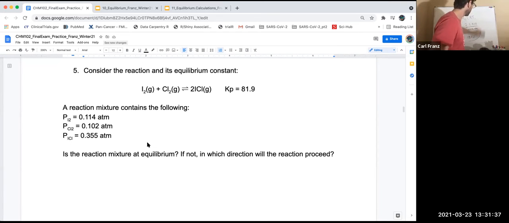So we can say that Qp is equal to, okay, so iodochloride pressure is 0.355 atmospheres. And in this case, the brackets aren't denoting concentration. So we could make them more like parentheses if that's less confusing.